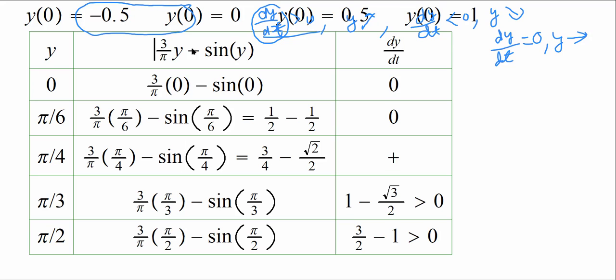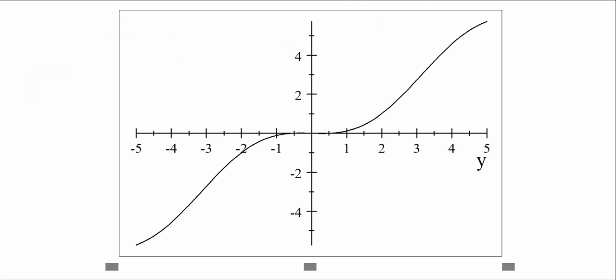Why don't we look at a graph of just this function as it is, treating y as the input variable. Let's examine that for a second. What I have done here is graph 3 over pi y minus sine y.